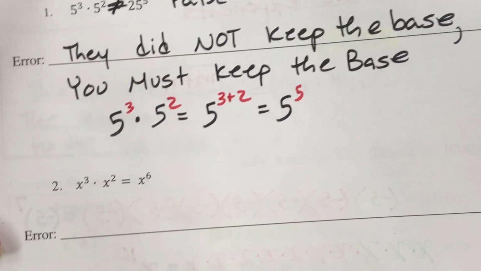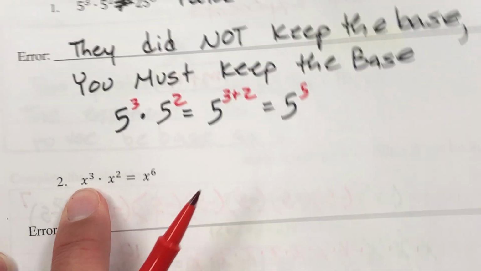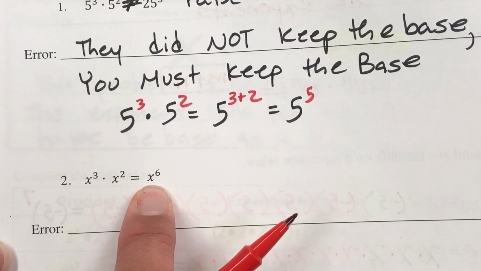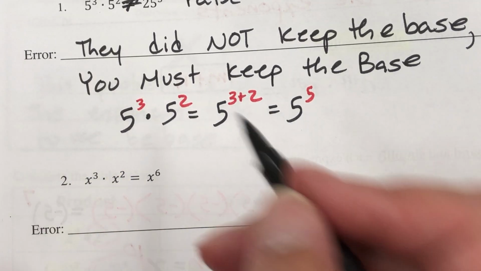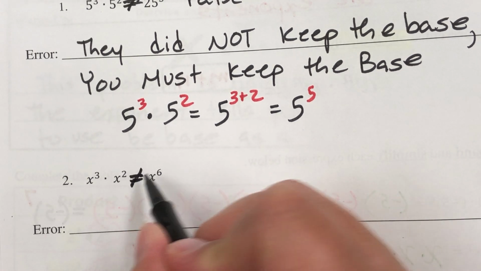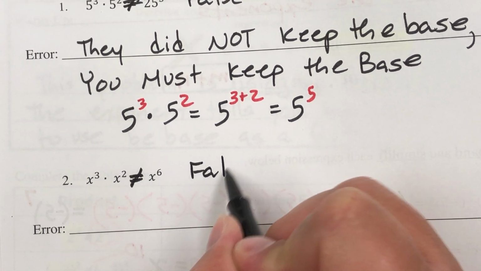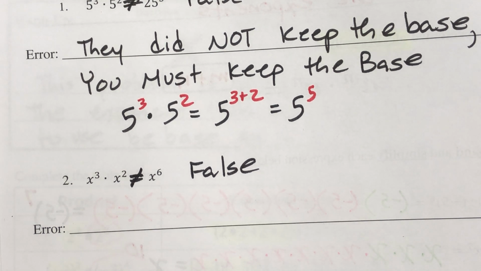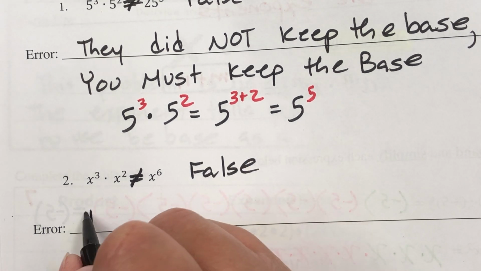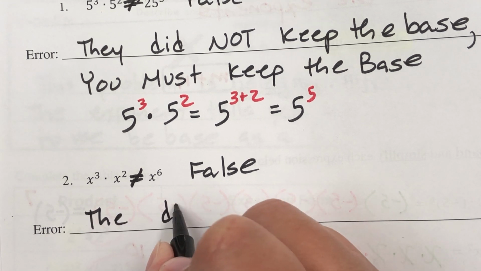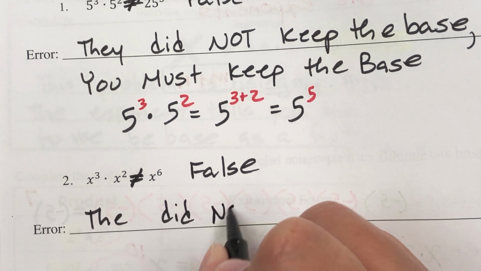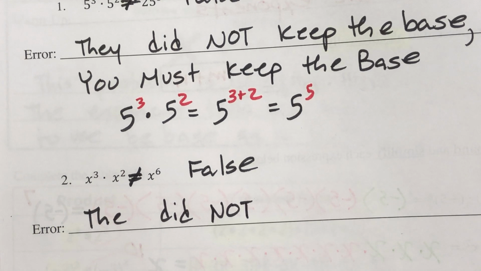Well, let's take a look at this one. X to the 3rd power times x squared, that is very wrong, false. So what did they do there? Sorry, I just said add the bases, that's wrong. They did not add the exponents.